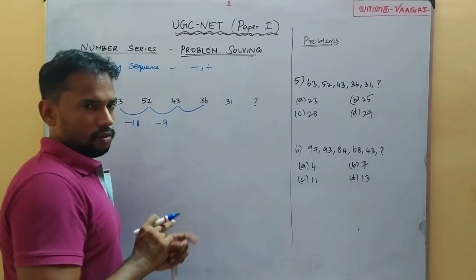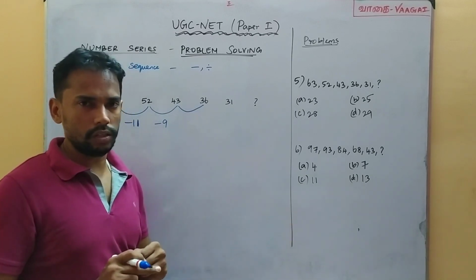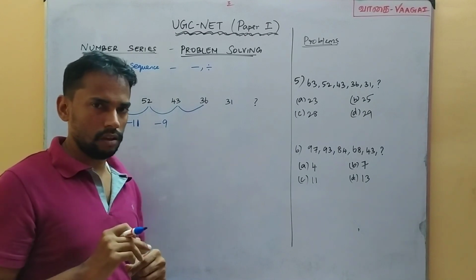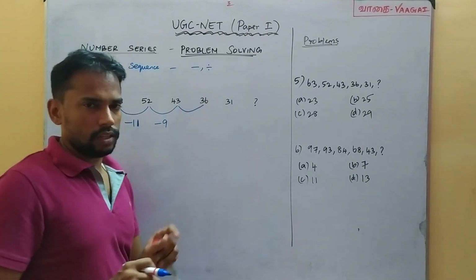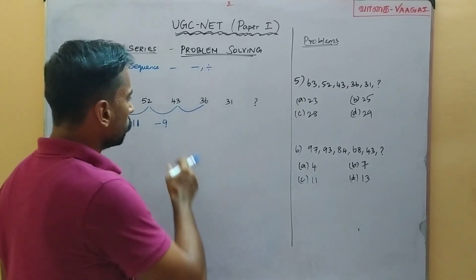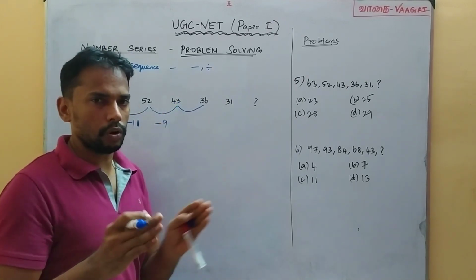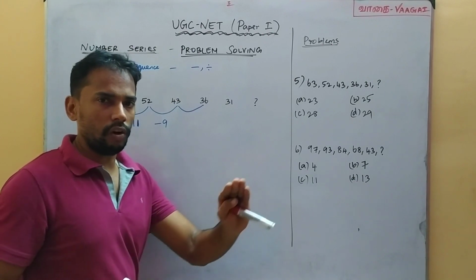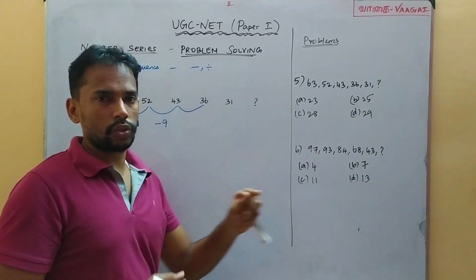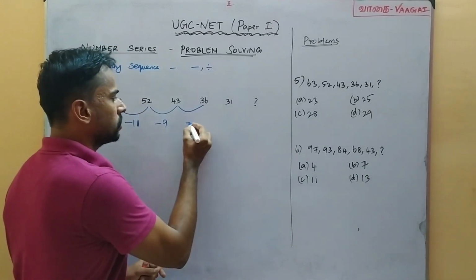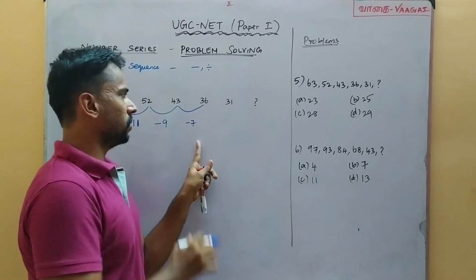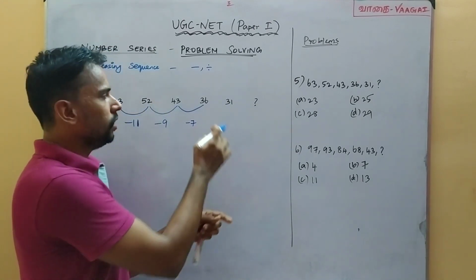From 43 to 40 I need to do minus 3. Now from 40 to 36, I need to do minus 4. I'm just splitting this process. So overall, 3 here and 4 there, totally I need to do minus 7. So 43 minus 7 gives me 36.